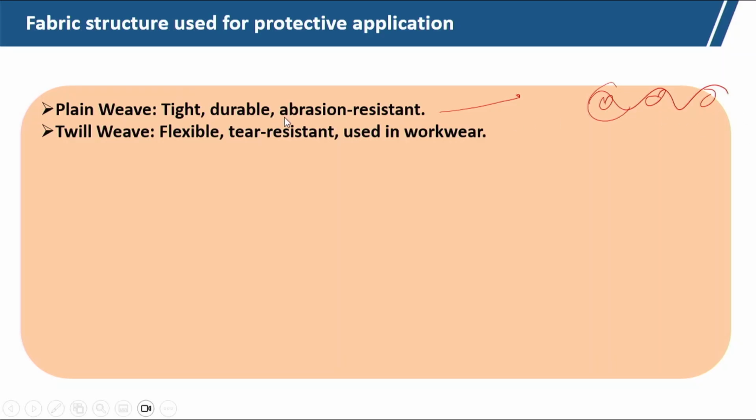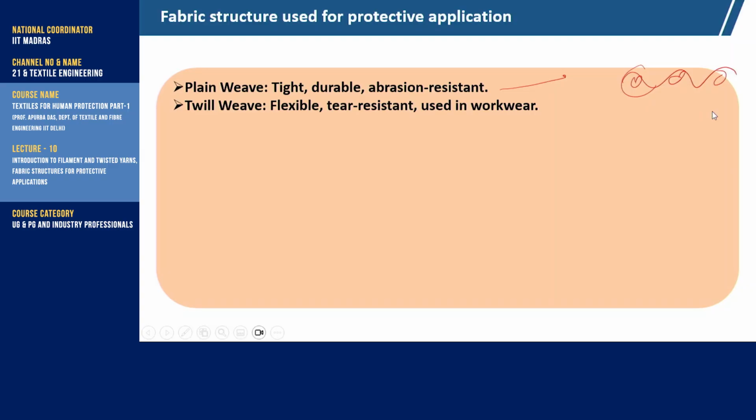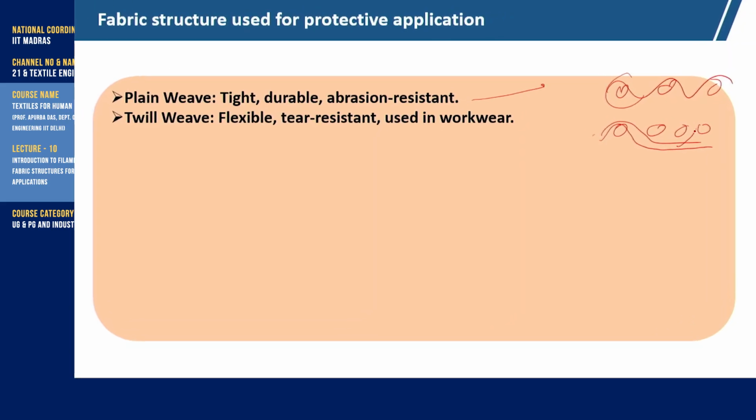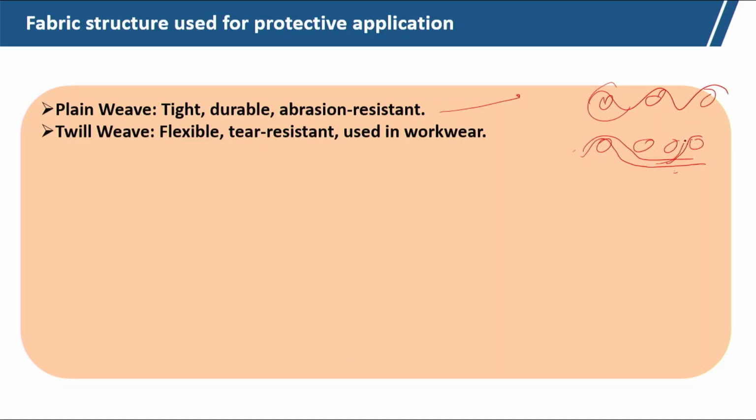For that reason the abrasion resistance is high. For twill weave it is a little bit offset, there will be higher float. Like this type, say 1 up 2 down twill weave.